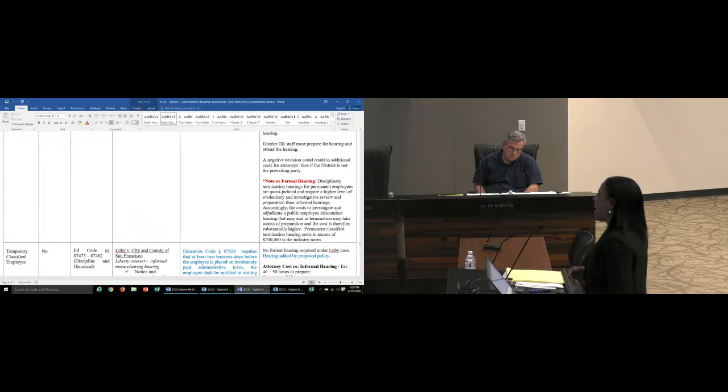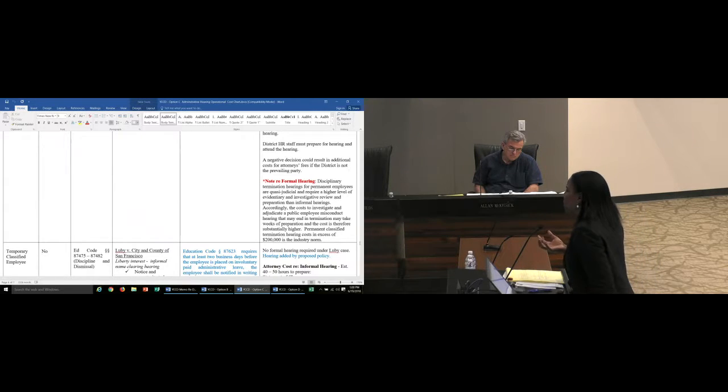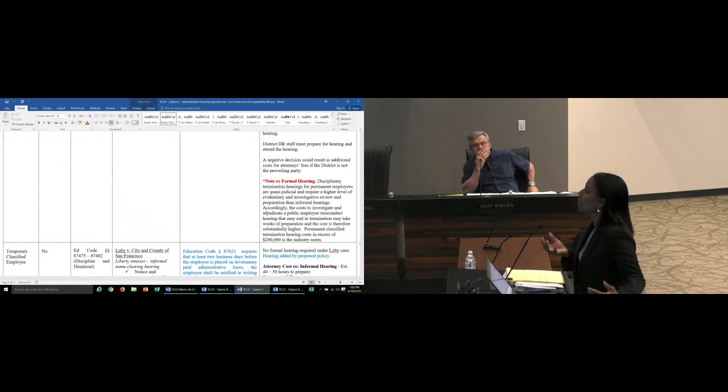That's what I'm getting to. Yeah, it's a higher standard. I'm using the word standard interchangeably, because a quasi-judicial environment is different from the informal hearing, which is a lot more familiar.